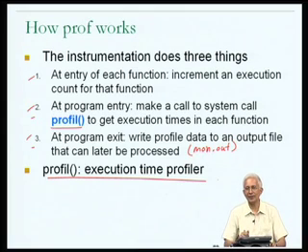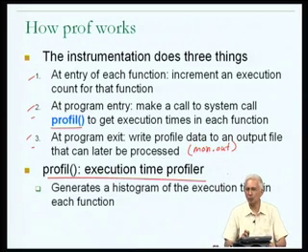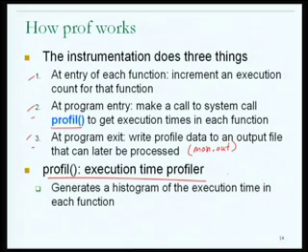So now we have reduced our problem to trying to understand what the profile system call does. If you look at the profile system call details, you will find that profile is described as an execution time profiler. It is included as a system call for exactly this purpose, to provide function level profiles of execution time. Essentially it generates a histogram of the execution time spent in each function.